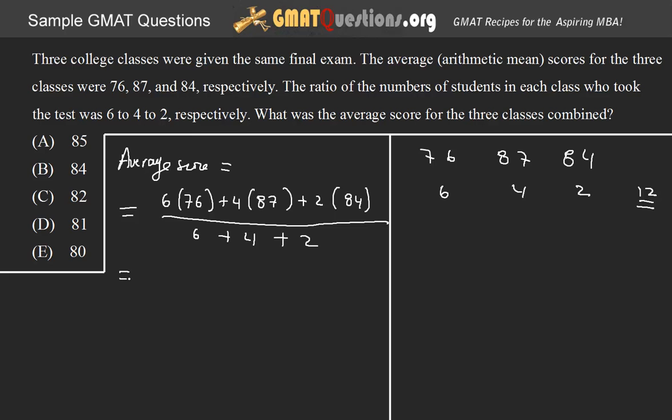Now on the GMAT I would not be writing 6 plus 4 plus 2. I'm doing it for you to understand. I would have written 12. It would have saved me one step. I'm doing this merely for pedagogical reasons.